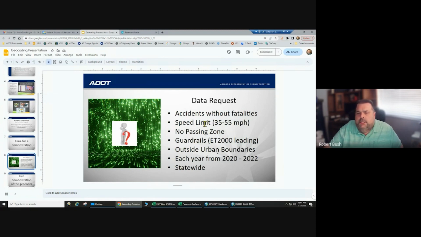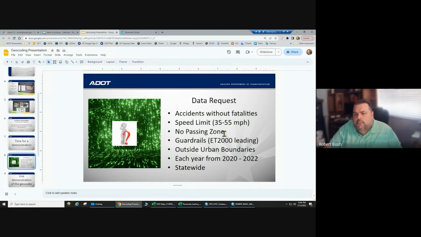You might have a spreadsheet that says I-8 from milepost 7.5 to 9.5 is 65, and then 9.5 to whenever you get to Telegraph Pass is 75, and on and on. So you have a spreadsheet maybe that breaks down all these zones. We have the same thing in GIS for speed limit, and it breaks down all the zones and tells us what the speed limits are. We know where the no passing zones are. We have files that have the guardrails.